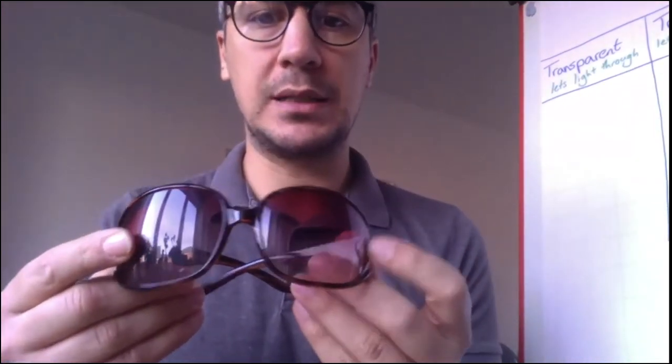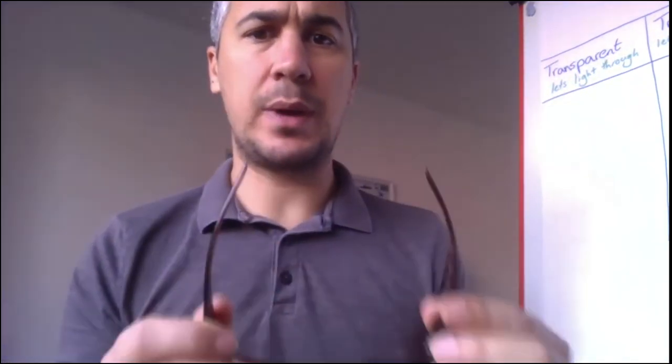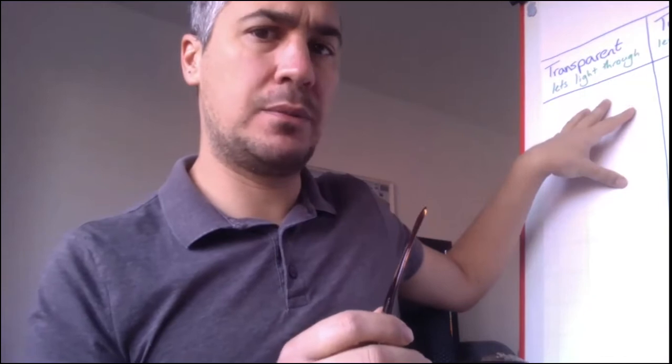So my first one is my wife's sunglasses. Now, I can see through it. So it makes me think straight away that it's probably transparent. But can I see perfectly through it? Is all of the light going through it?